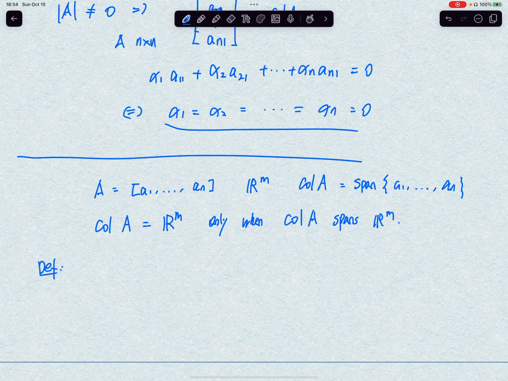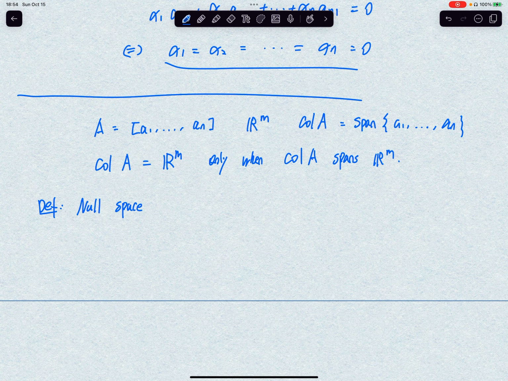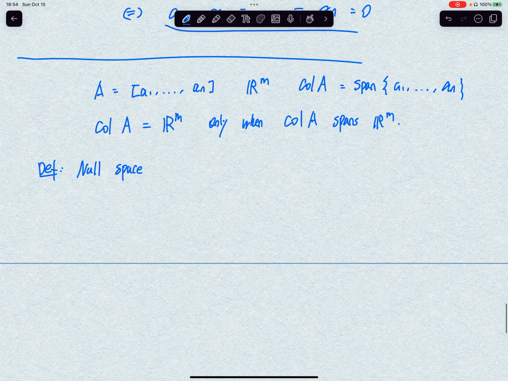And also, we want to introduce the concept of null space. So the null space of a matrix A, Nul A, contains all the solutions. So it is defined to be all the x such that Ax vanishes.